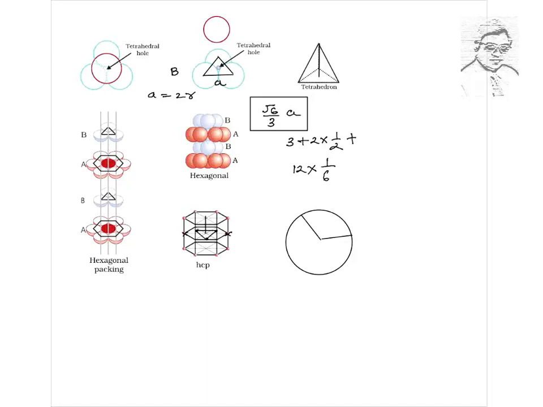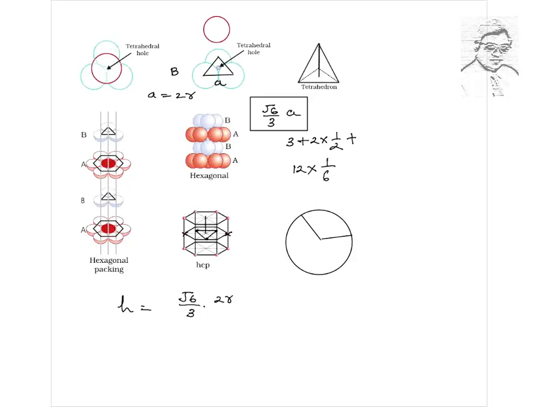So the height of the tetrahedron is given by root 6 by 3 times twice r. Okay?